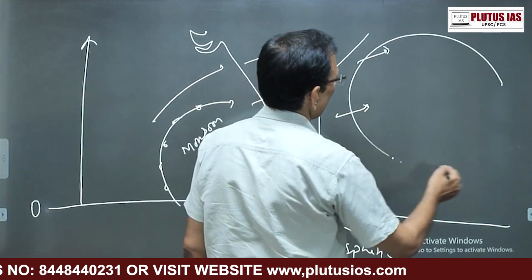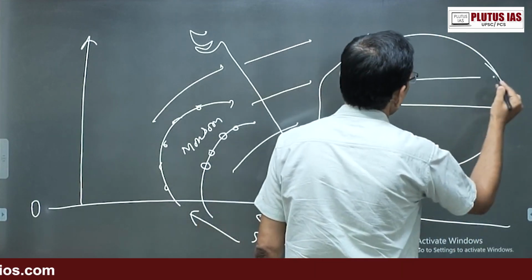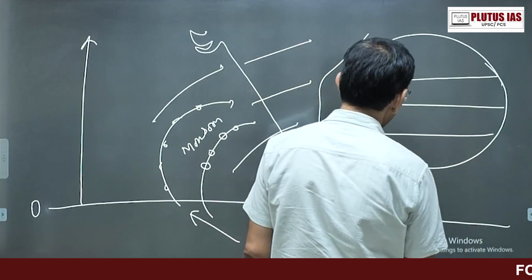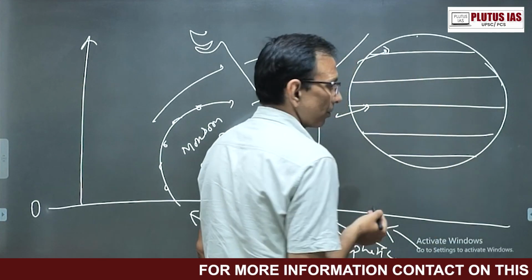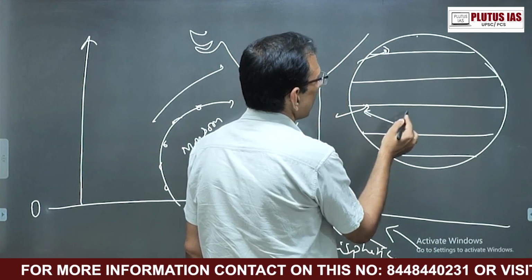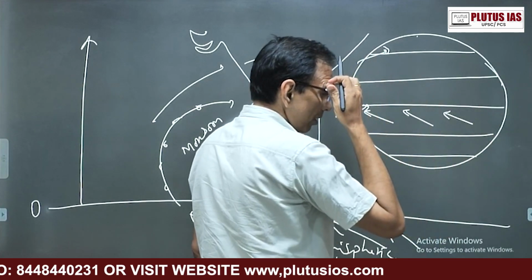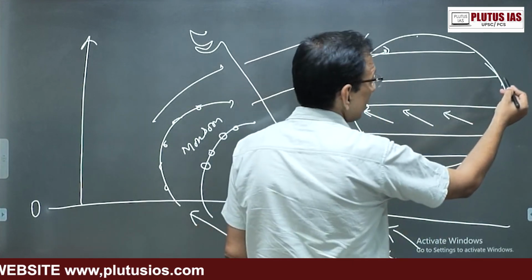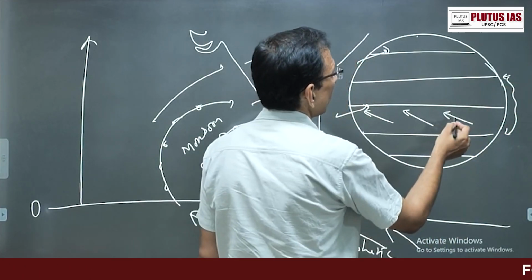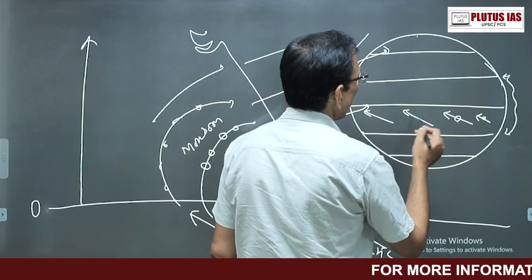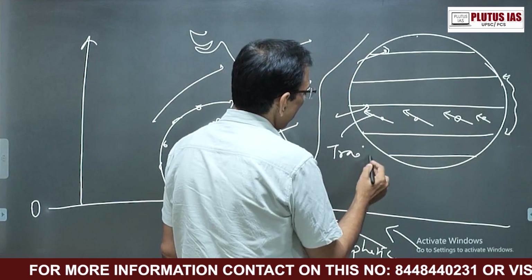Like if you see, this is the globe and this is the equator, Tropic of Cancer, Tropic of Capricorn, then Antarctic Circle, this is Arctic Circle, and this is the polar region. The wind present in the southern latitudes of the tropical region is a particular type of wind known as trade wind.